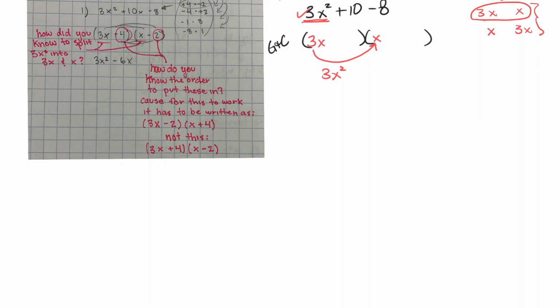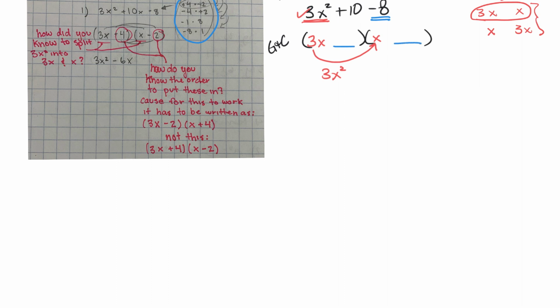Then the next thing I want to do is take a look at this last number. It's negative 8, and find all the different factors of negative 8. And here they are right here. So 4, negative 2, negative 4, 2, negative 1, 8, negative 8, and 1. And so each of those pairs of numbers I can put in to here.